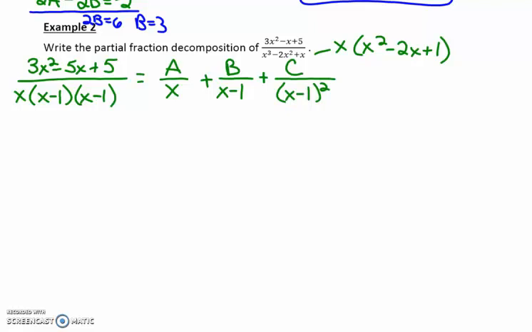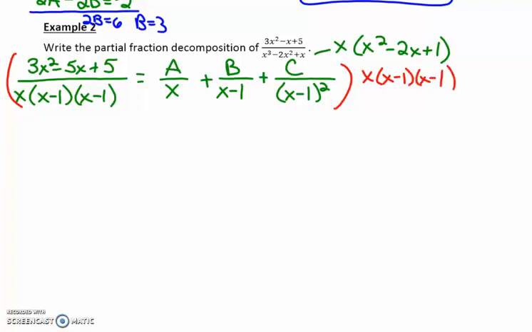And you'll see why in a minute. And so we can rewrite our equation if we multiply everything by x times x minus 1 times x minus 1.